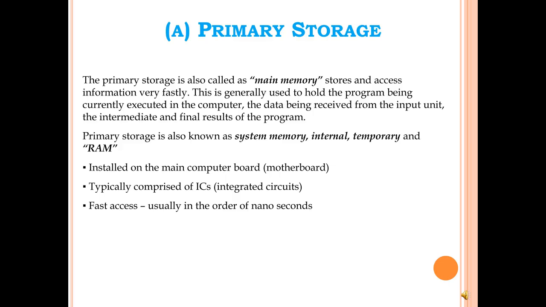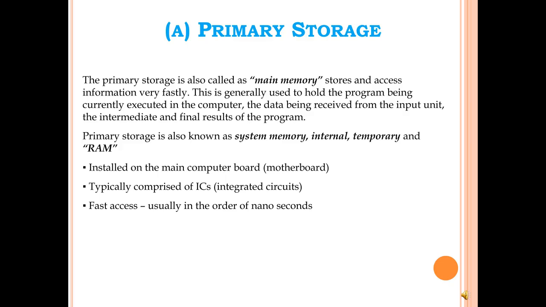The primary storage is also known as main memory, which stores and accesses information very fast. This is generally used to hold the program currently being executed in the computer, the data being received from the input unit, and the intermediate and final results of the program.